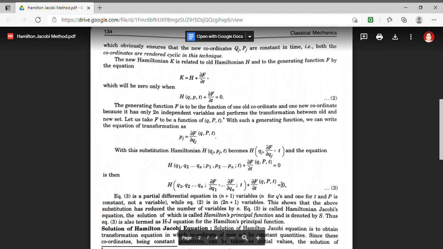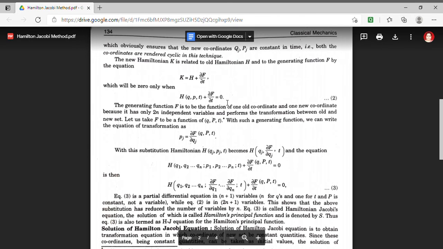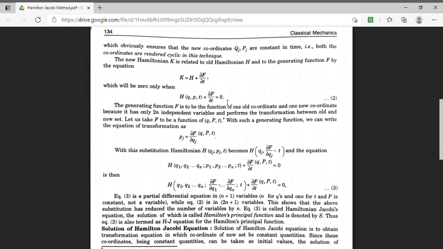Before substituting small p as del F by del q, we have our expression expressed by equation 2, which is H dependent on small q, small p, t plus del F by del t. We can see that this expression is a function of 2n plus 1 variables, n for small q, n for small p, and 1 for time.